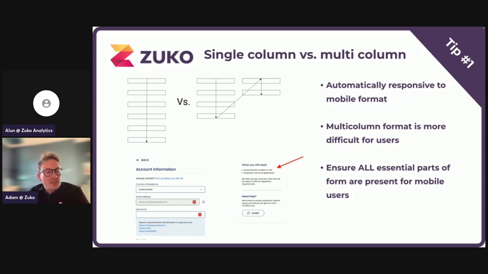Beyond just the fields on your form, other things you might want to look at are around information that is around the form fields themselves, but is as important as the fields. We've got an example here from a desktop format. You'll see that on the right hand side, there's some key information to help the user in terms of what you will need, things like national insurance number.